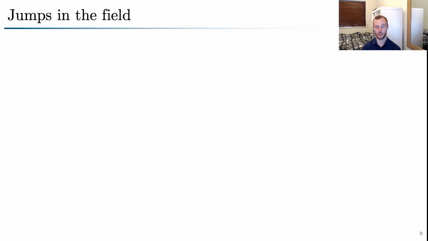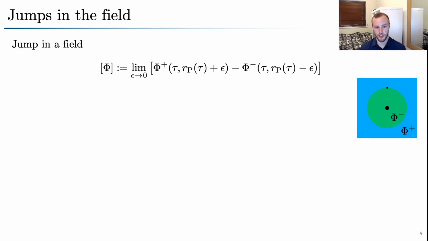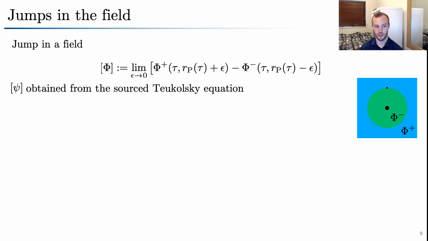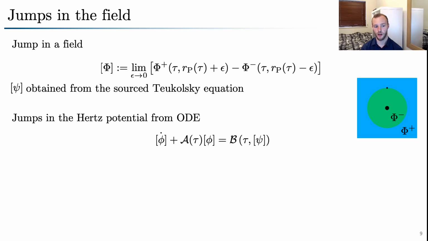So now let's define jumps in the field. These jumps are defined as the difference in the inner field and the outer field as you tend towards the radius of the particle. For the jumps in the Weyl scalar, we can obtain this directly from the source Teukolsky equation analytically, but for the Hertz potential, we have to solve a first order ODE.